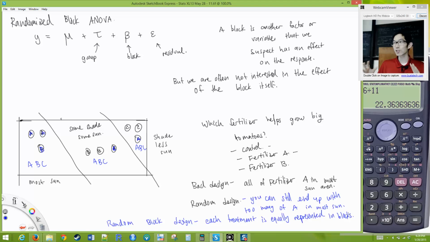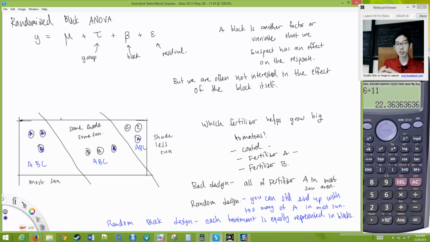Otherwise, we might see a large variation between the plants in the sun and the little sun. So by including the sunlight as a block, maybe what we see is that across the board, in the groups with the least sun, the middle amount of sun, and the most sun, fertilizer A grew the most across all 3 groups.